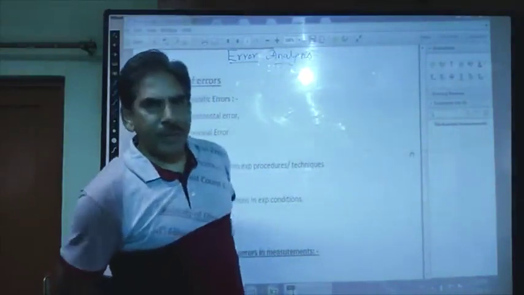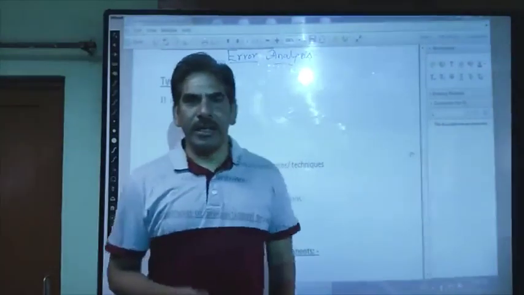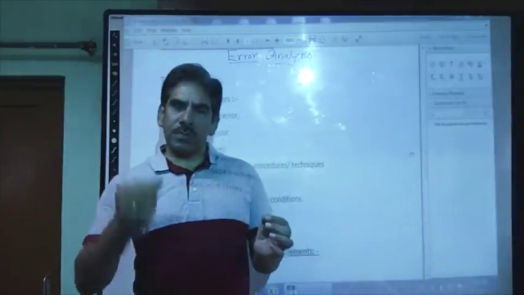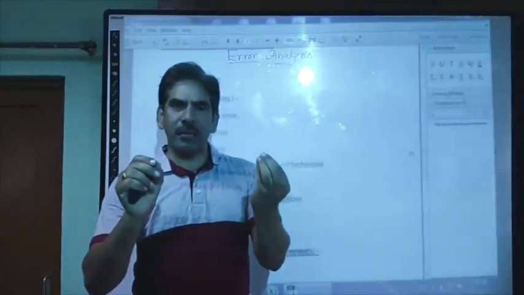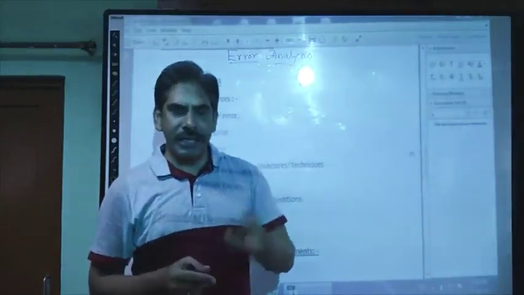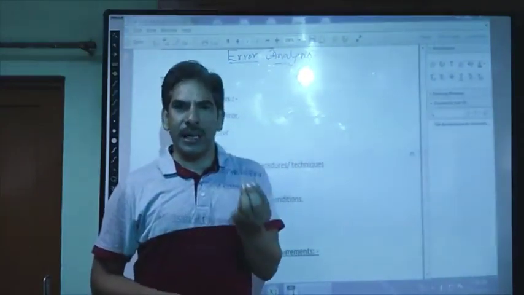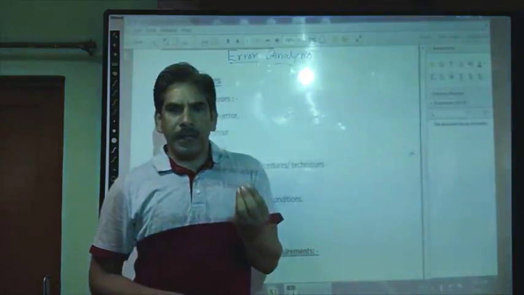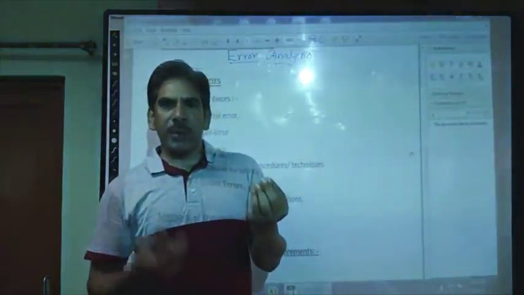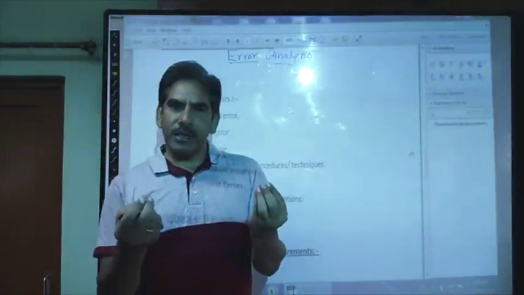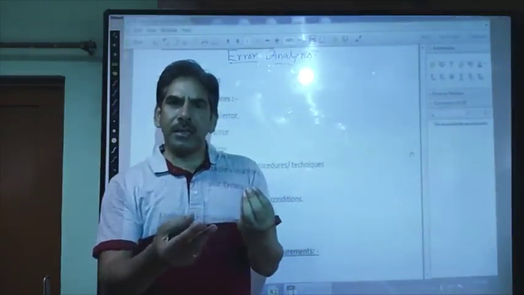The very first thing we try to understand is what accuracy is. Accuracy is the closeness between the measured value and the actual value. For example, the acceleration due to gravity has an actual value of 9.8 meters per second squared on average. By experimental method we can find it to be 9.6 or 9.9 or so.